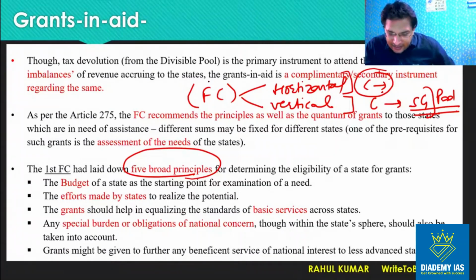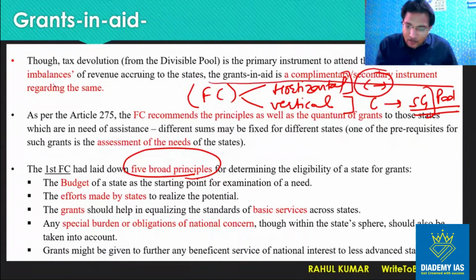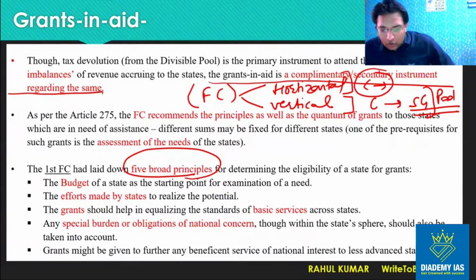Okay, so this grants in aid acts as a supplementary tool in addition to this divisible pool, right? So divisible pool is also contributing both to the vertical and horizontal, not only to the vertical but also to the horizontal, right?